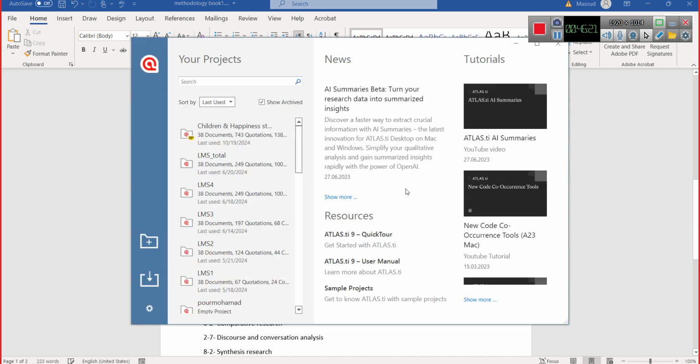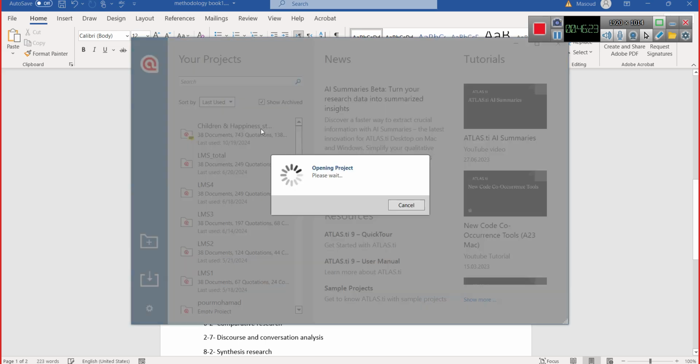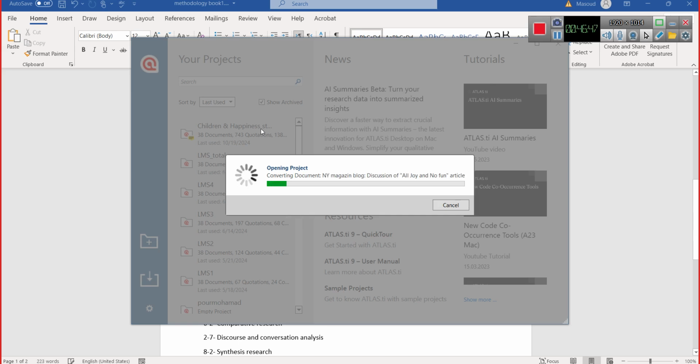But software like Atlas TI provides you with a computer technology that helps you to analyze the data. You know that the major difference between qualitative and quantitative research methods is about the data analysis. The data analysis in quantitative research methods is done through statistics and through the software.